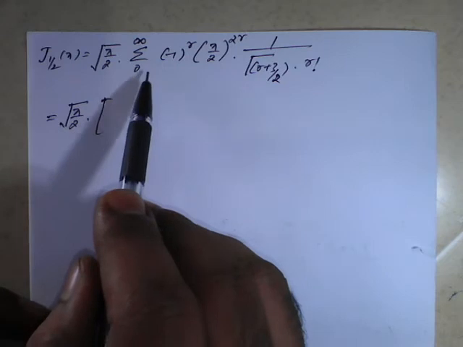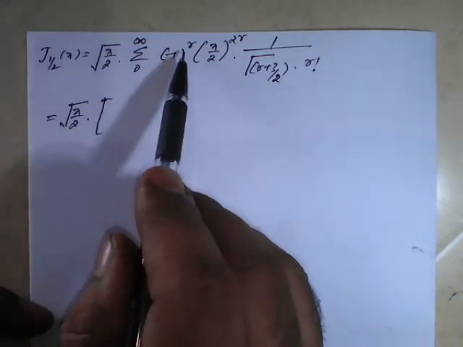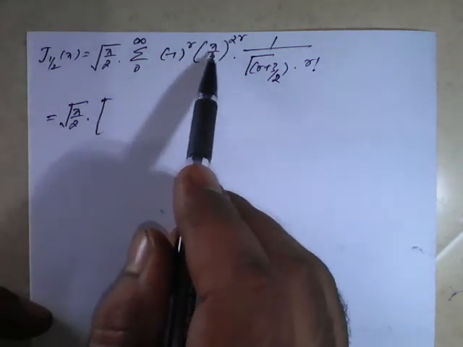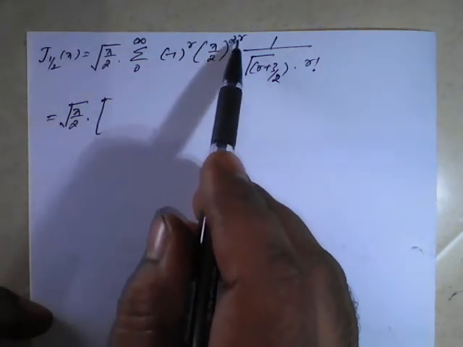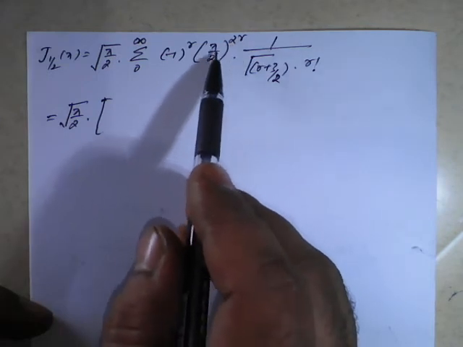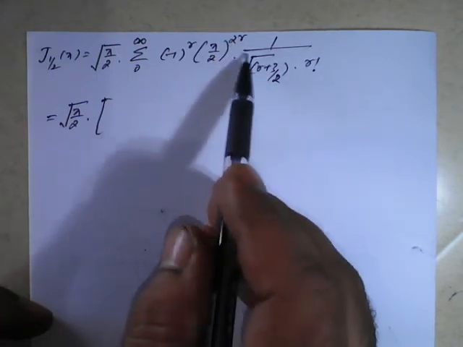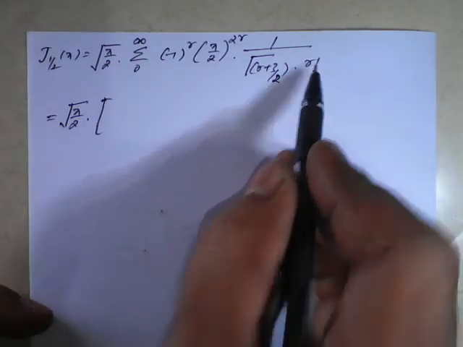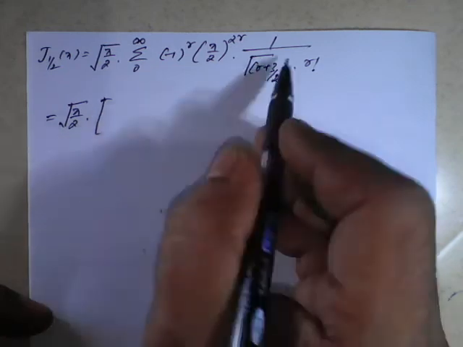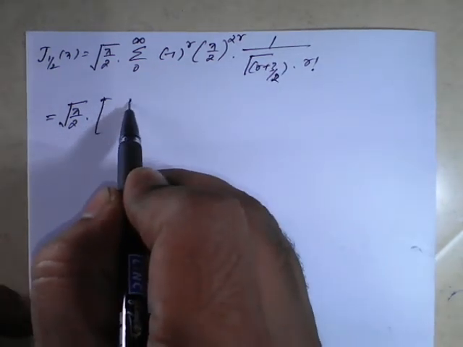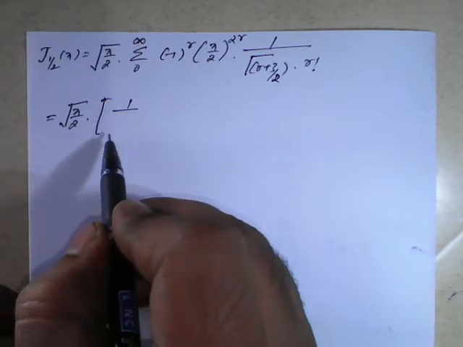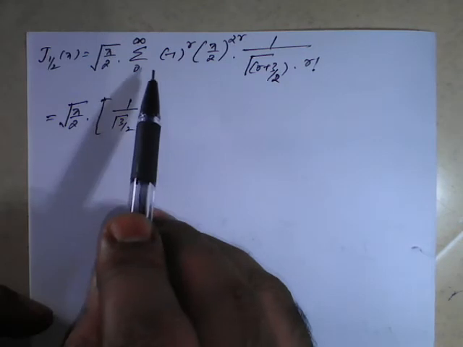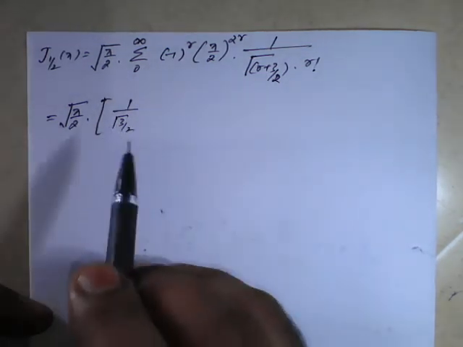If you put r equal to 0, minus 1 raised to 0 is 1, x by 2 raised to 2r is x by 2 raised to 0, which is again 1, and 0 factorial is also 1. So when r is equal to 0, we will get 1 upon gamma of 3 by 2.